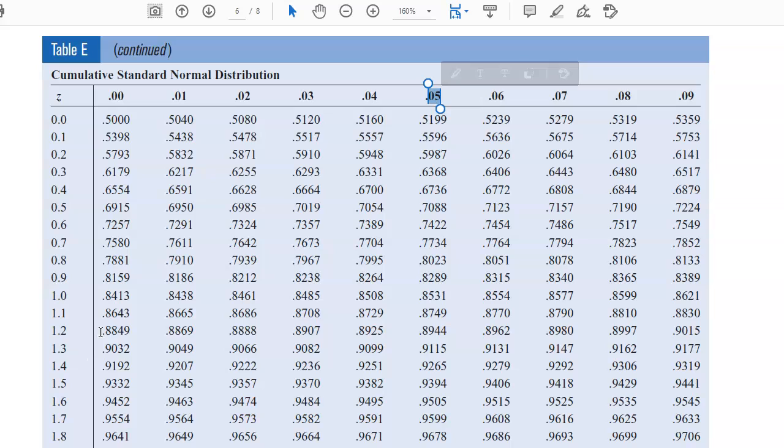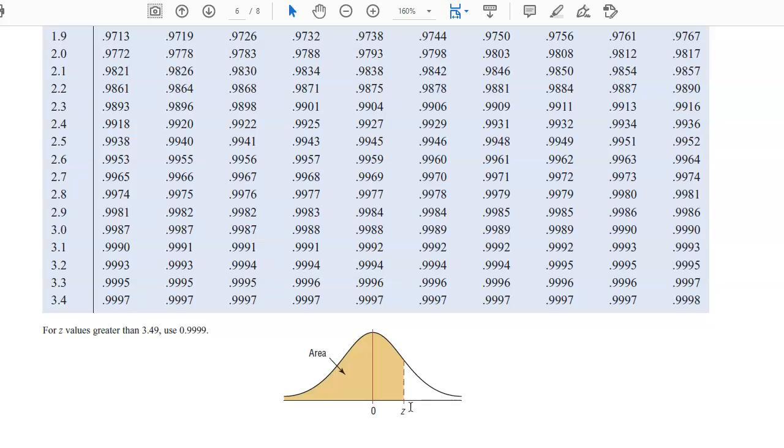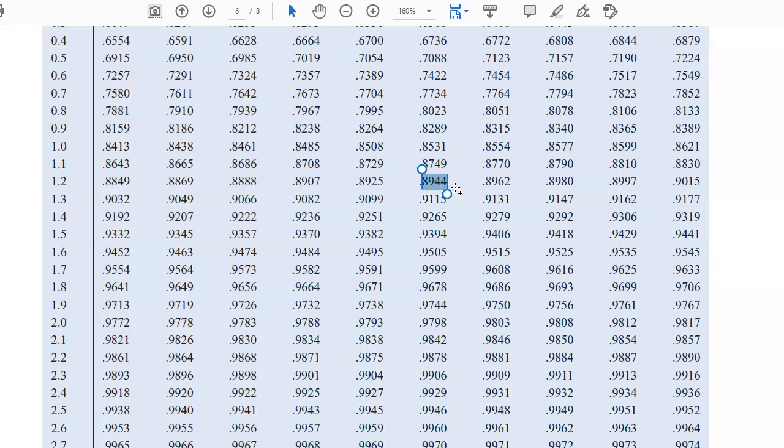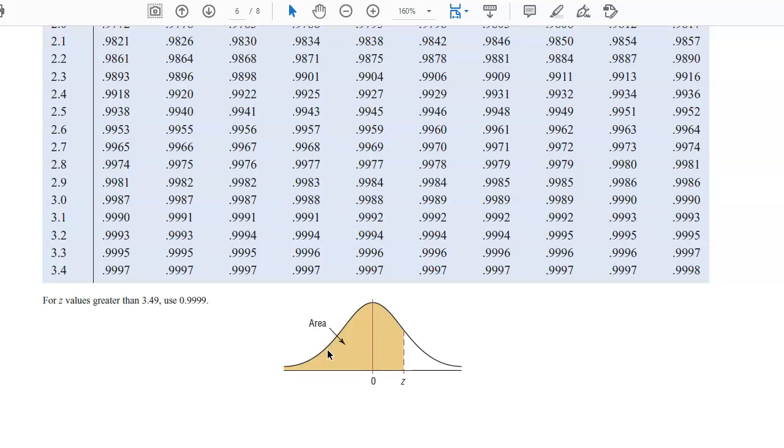So I'll go over, 1.25 is right here, this value. 1.2, 1.21, 1.22, 1.23, 1.25. What that means, right, is if this z-value is 1.25, the area to the left of that is 0.8944, right? 89% of the curve is to the left of 1.25.